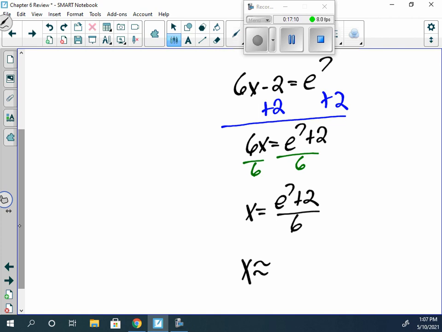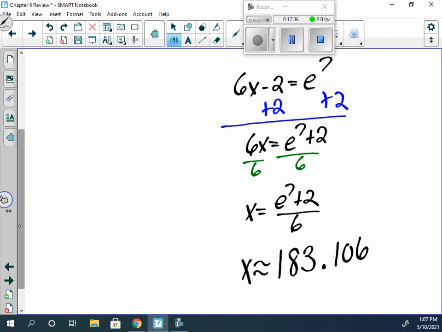We should get a pretty decently good sized number. 183? Point what? Yep, and that's it. For some reason I was thinking that number was going to be bigger. But that's all we have to do for this here.